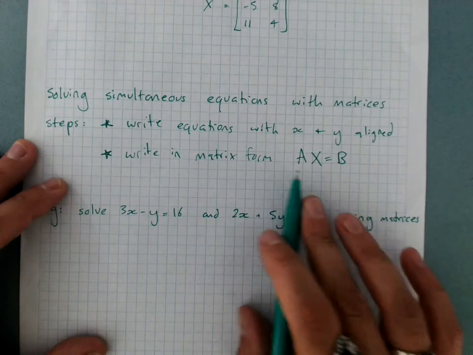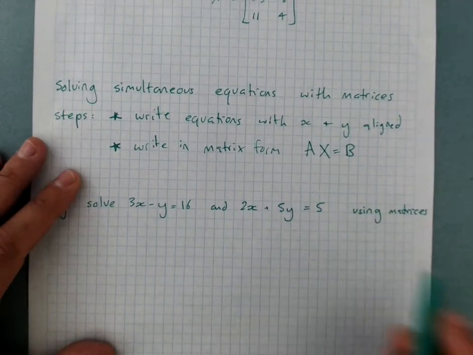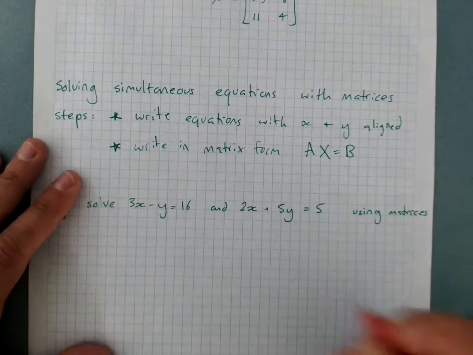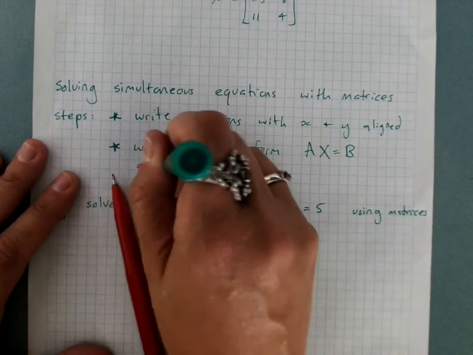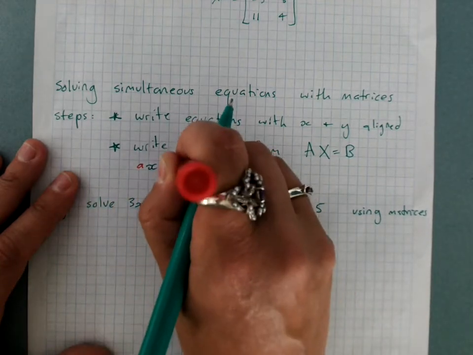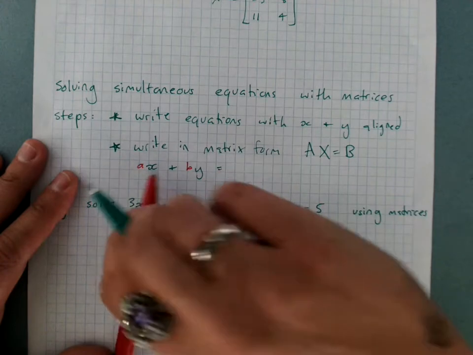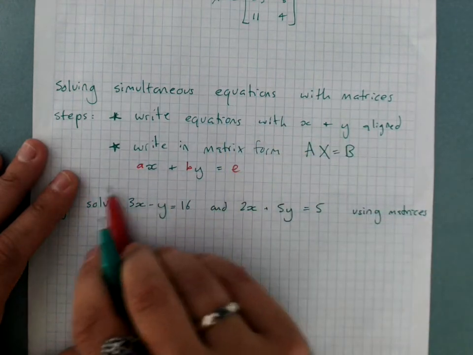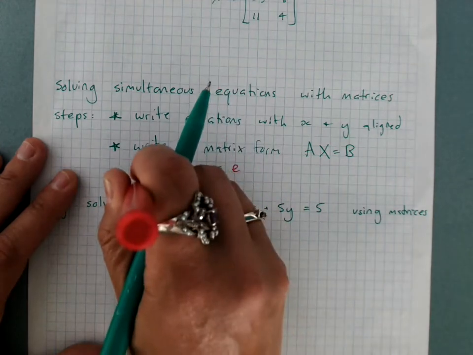Now, we're going to put it into a matrix equation in the form AX equals B. I know I'm being confusing with colours here. I'll show you how it works.